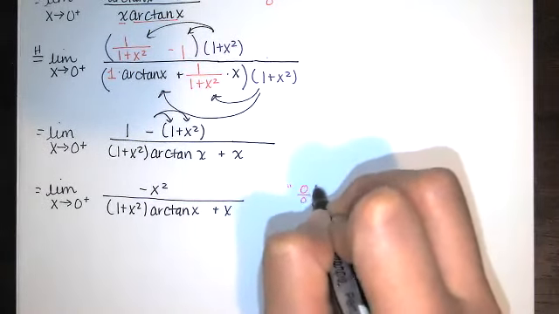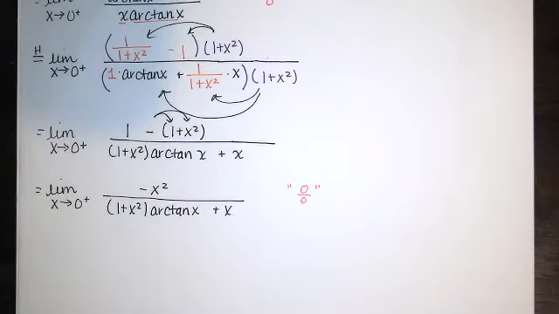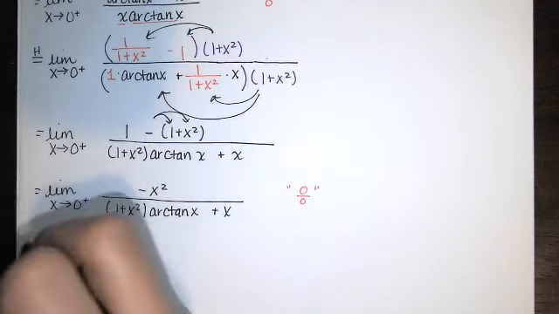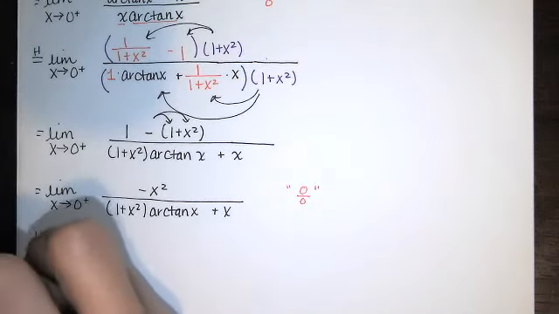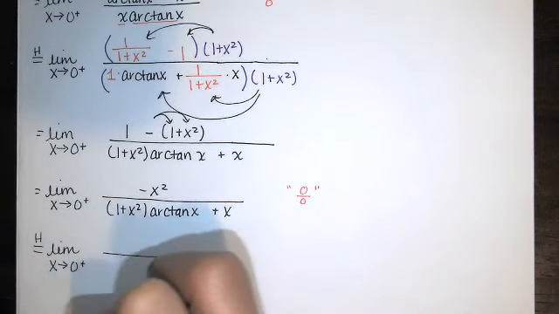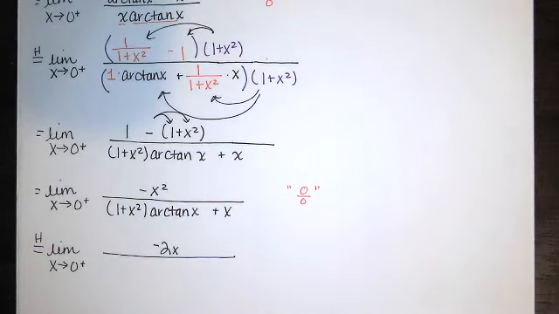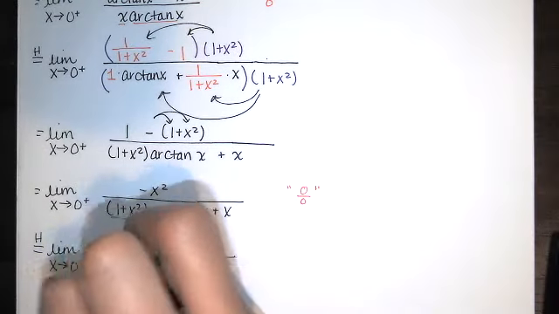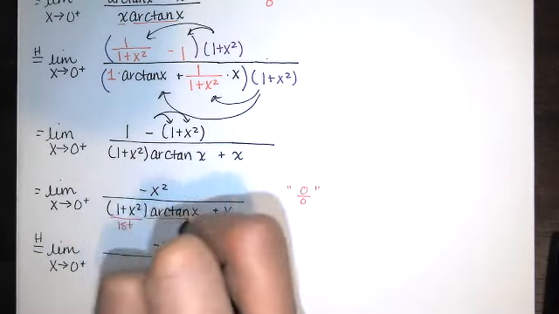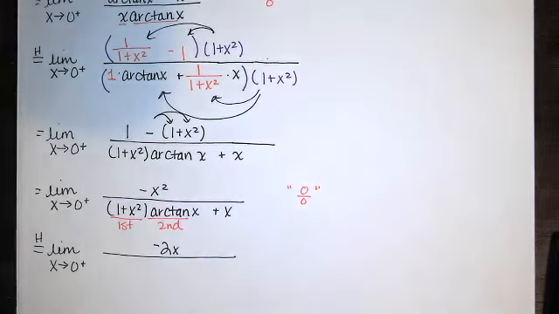So right now, this is a 0 over 0 indeterminate form. Let's take the derivative again. Use L'Hopital's rule. The derivative of the numerator is negative 2x. And then to take the derivative of the denominator, call that our first function and that our second function, and use the product rule.